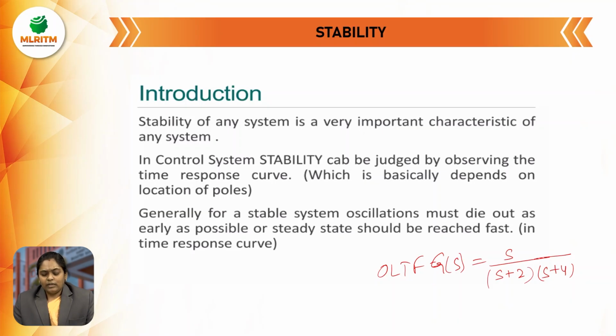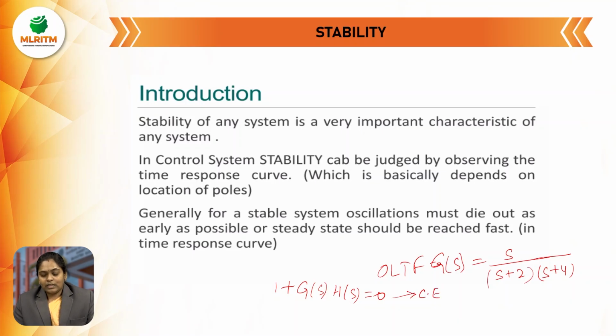But in order to find out the stability, the first thing is we need to convert this open loop transfer function into a closed loop transfer function. In a closed loop transfer function, we have the expression 1 plus G(s)H(s) equal to 0, which is called the characteristic equation.